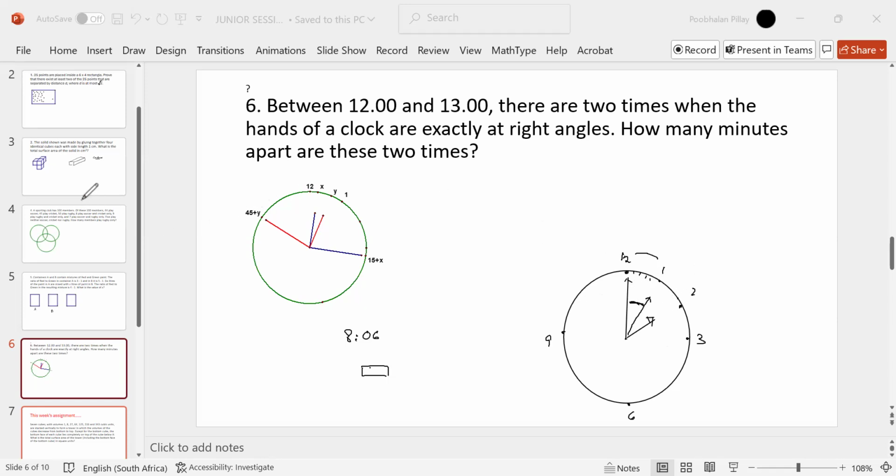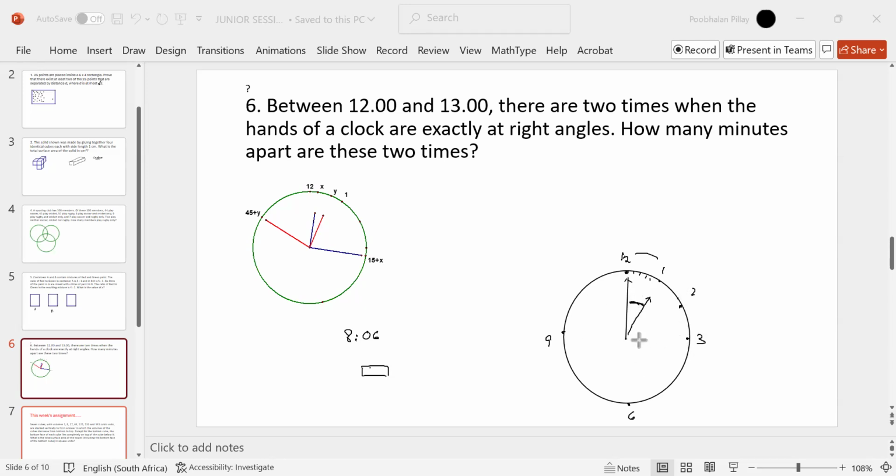You will see that what we have here is that they say that at some point, there are 2 times when the hands of a clock are exactly at right angles to each other. And let's see why that is so. As this thing moves from there to there, this thing goes around completely.